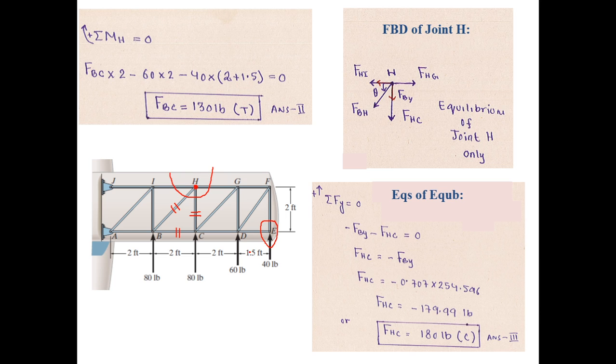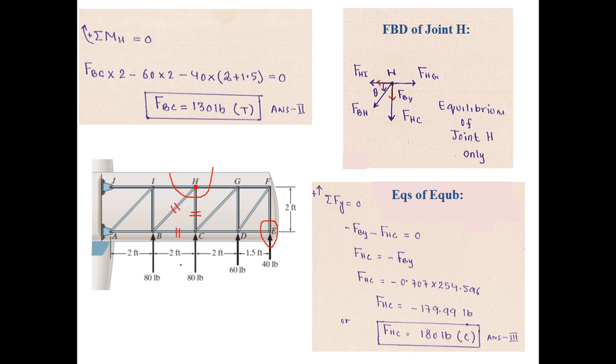More than three unknowns cannot be calculated from the section. So if you have no choice and you have to select a section that is passing through more than three members, then it suggests that you need to take more than one section to solve your truss.